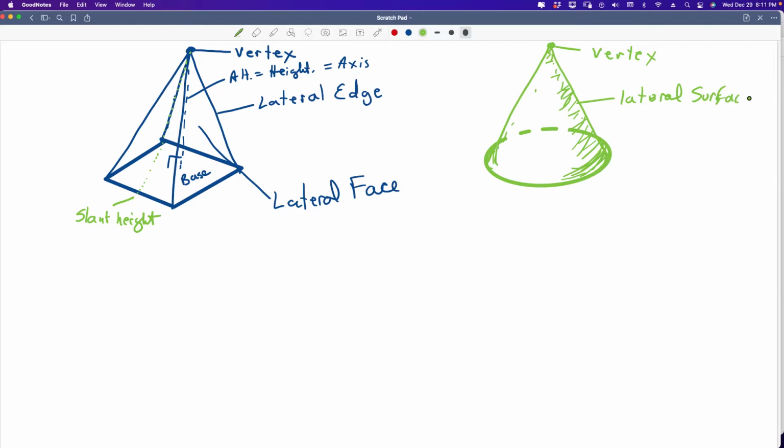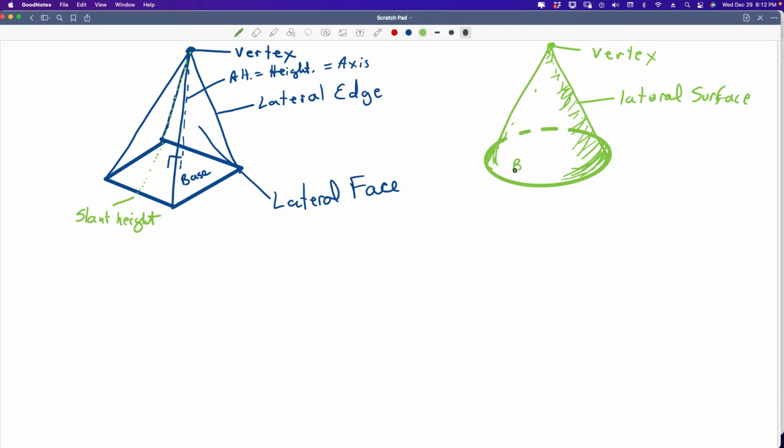Now notice we don't have a lateral edge because it's a circle, so it's smooth, right? We don't have a lateral face either. Instead we have lateral surface because it is all one. You can't tell where it stops and starts, right? It's all one dimension or one flat shape.